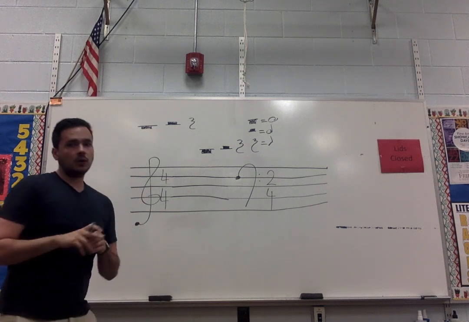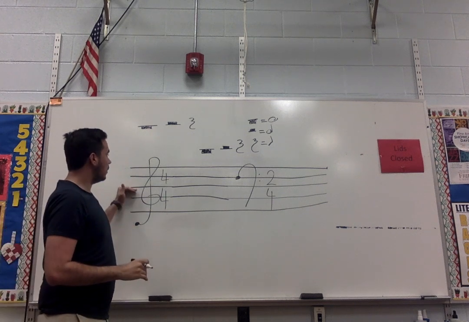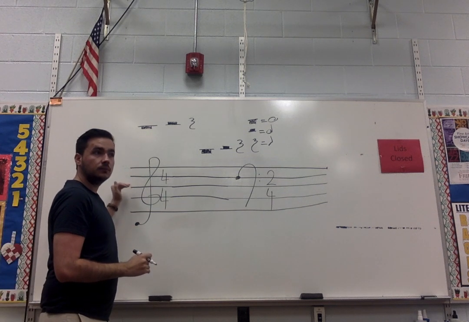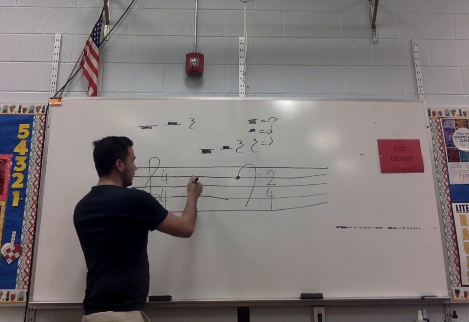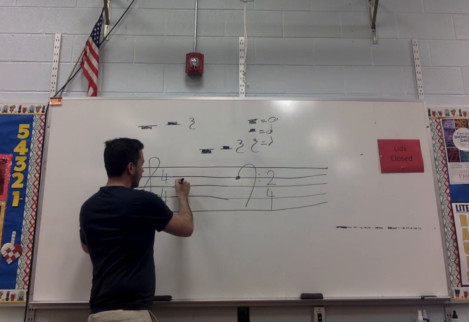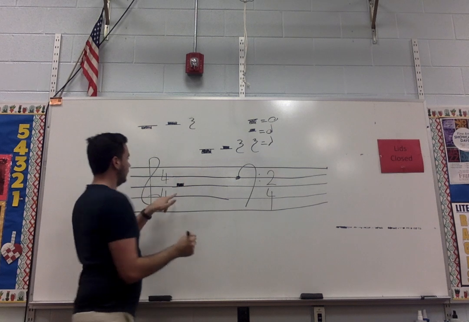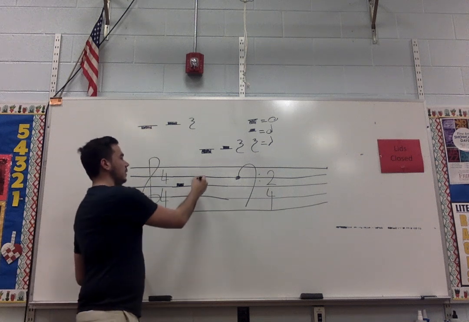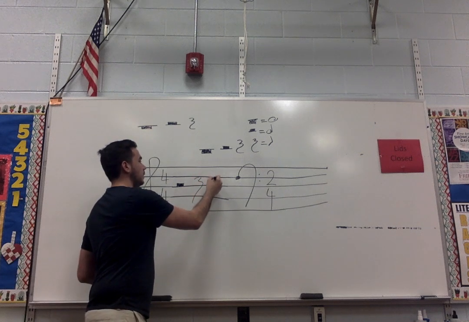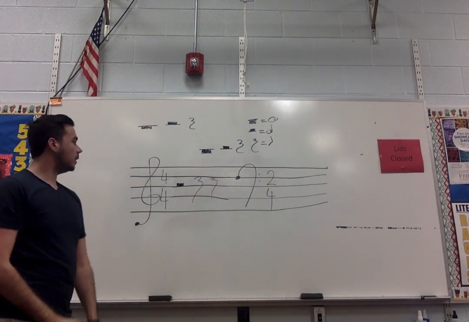So, whenever you draw a whole rest or a half rest, it's always based off of this middle line. Always this middle line. So, if I want to draw a half rest, I draw the box off of that middle line. Off the top of that middle line, right there. Half rest, and then I'll add a quarter rest, and a quarter rest. Right there.